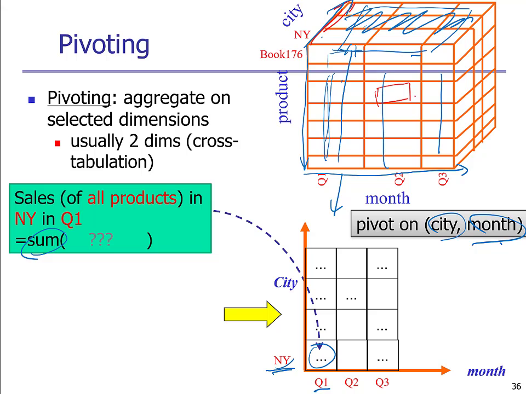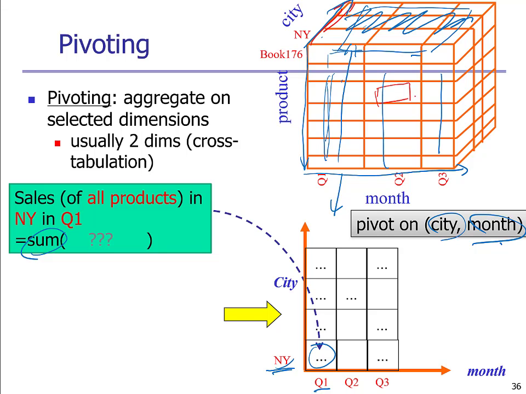Again, using a three-dimensional case as the example is more intuitive, but it can definitely extend to higher dimensional data cubes. Right? And another pivoting is much easier. It is just the rotation of the data, right?